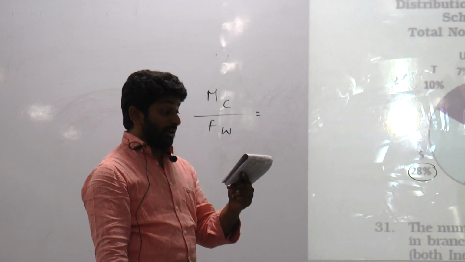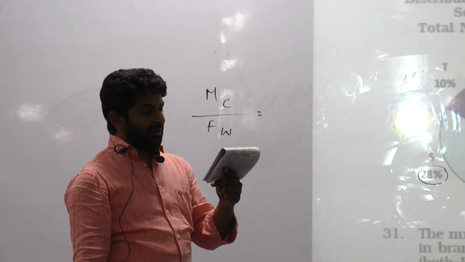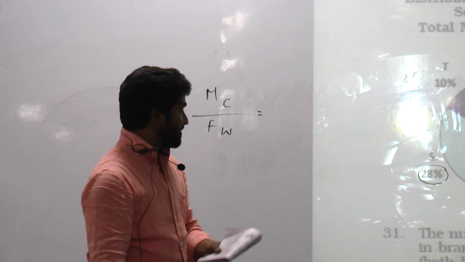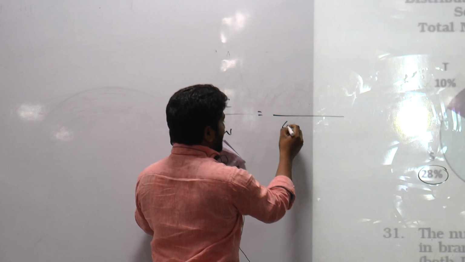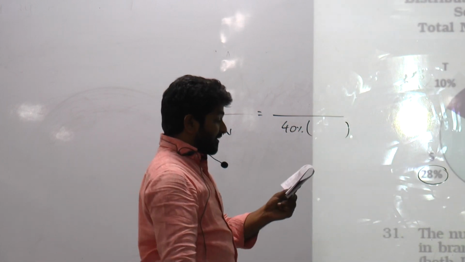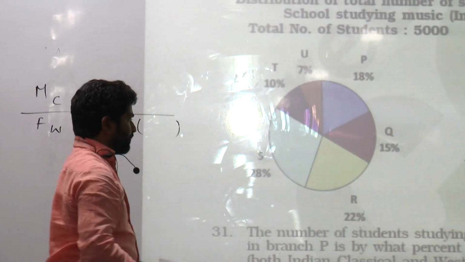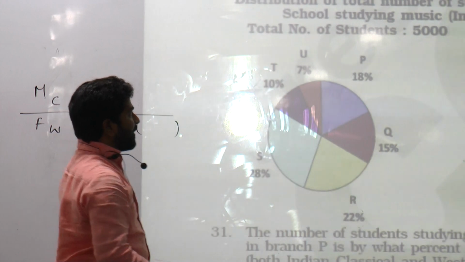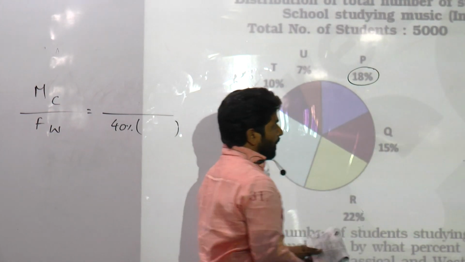About your information, 40% of students studying Western in the same branches together are females. 40% of what? 40% of which? Where? P and U. So P total we have 18%.